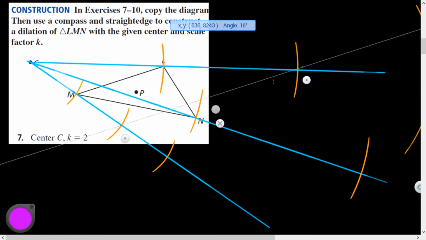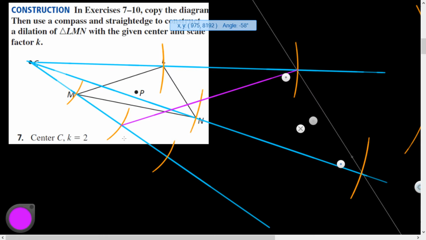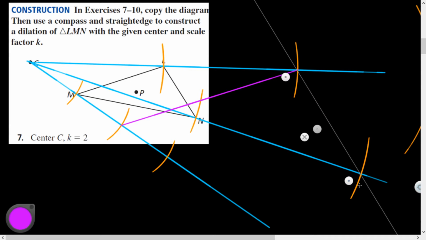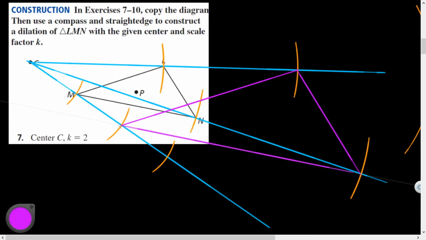Wait, then you have to connect down, back up, look at that. There's no third one for the second one.